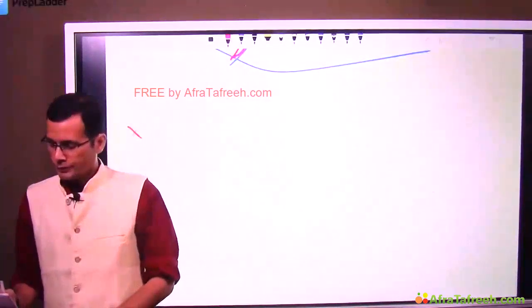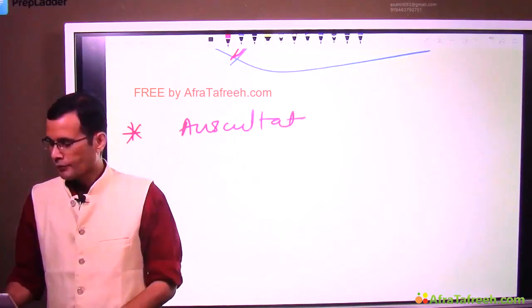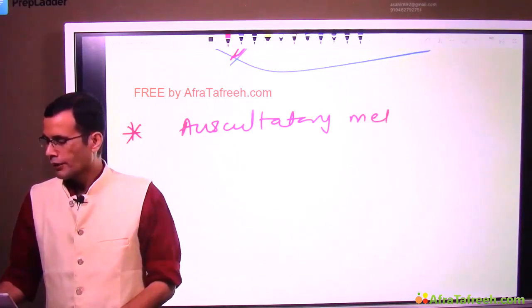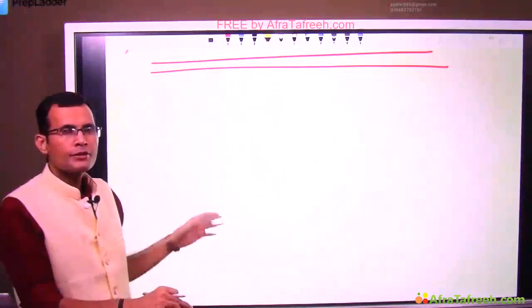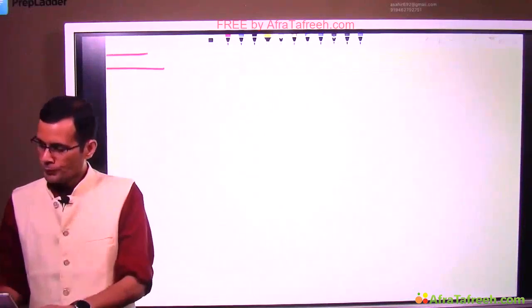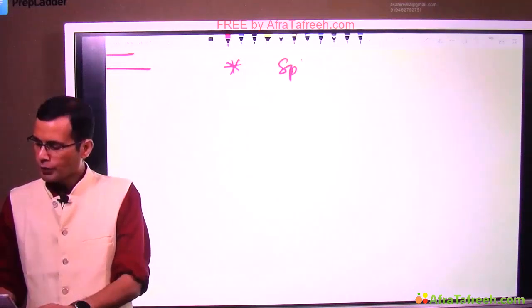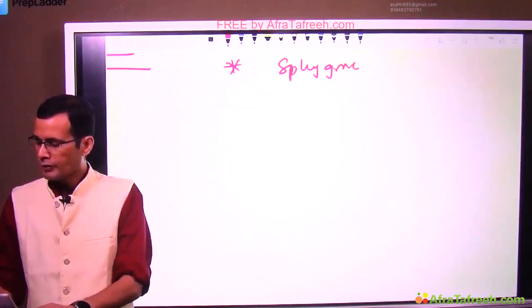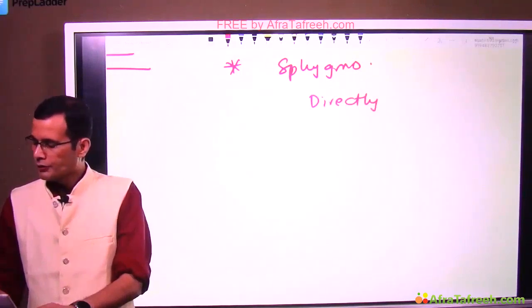Right. Next, auscultatory method. What are the various fallacies in the auscultatory method? First of all, let's answer that question also. We are measuring the blood pressure by sphygmomanometry and directly measured intravascular pressure.